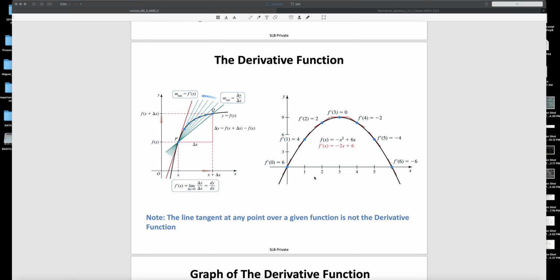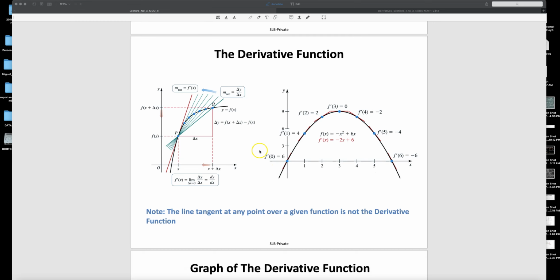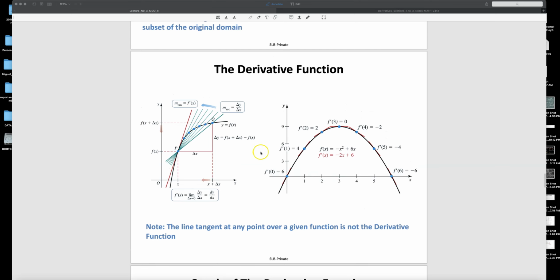So the consequence is that the domain of the derivative function is going to be a subset of, or included in, the domain of the original function. Okay? But more important than that, and this is what I want you to keep in mind, is what the sign of the derivative is telling you about the original function, because that is the most important thing that you really need to keep in mind.